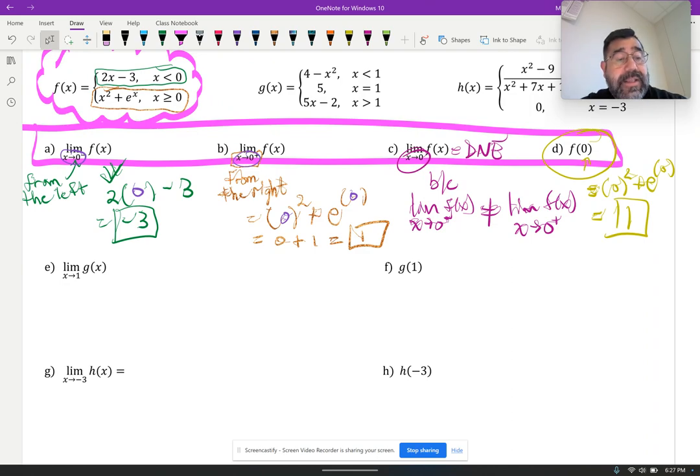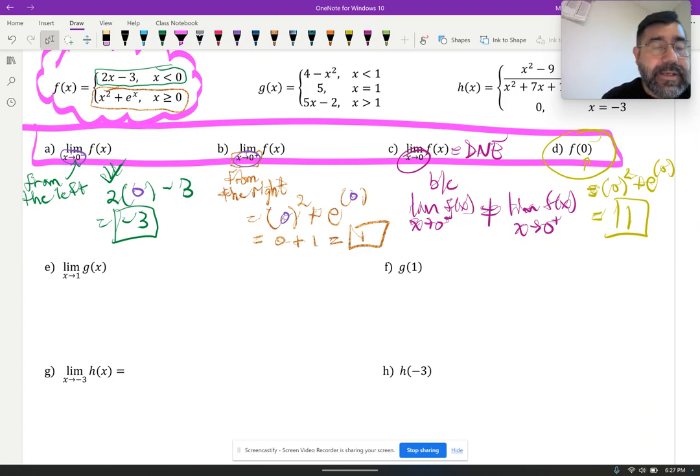We are looking to find the limit of g of x as x approaches 1. So remember the statement from video one. The limit will exist if the limit from the left side matches the value of the limit from the right side.